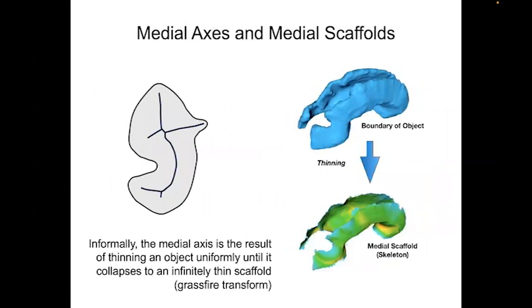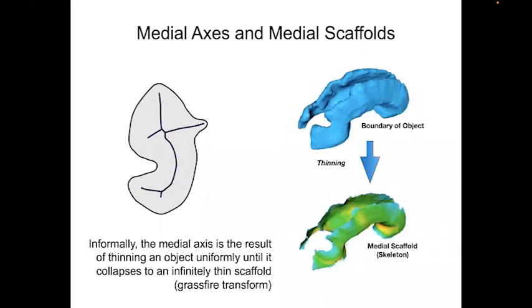The definition that I will be referring to, to define this concept of inverse skeletonization, is from the original Blum paper. We first define a maximal inscribed ball.